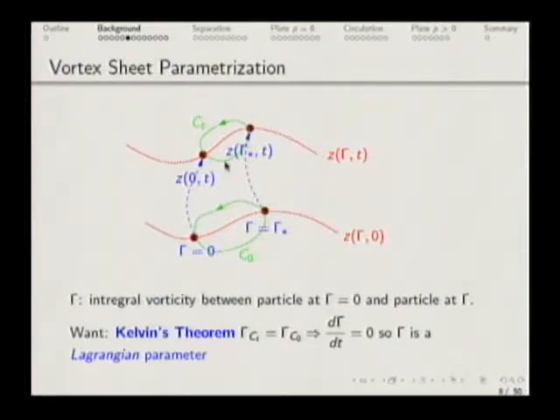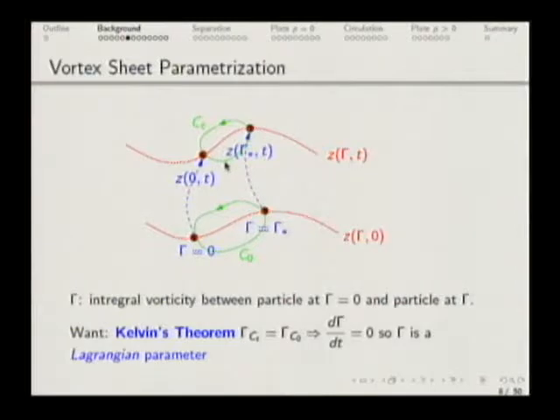The circulation does not change in time, and it's what we call a Lagrangian parameter. The problem with that argument is that the velocity of these points is not well defined. The normal velocity is well defined, but the tangential velocity is not, because I can move these points in the tangential direction with any velocity I want.